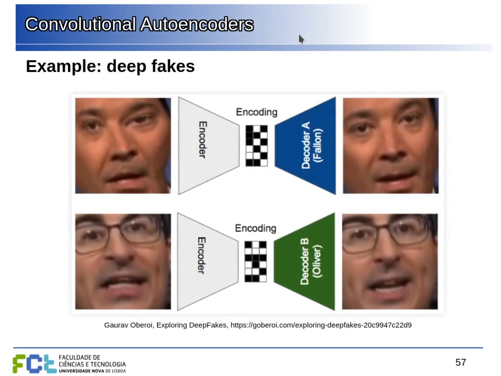And one interesting example of what we can do with autoencoders is the deepfakes. You probably heard about this. And this is one example of how we can do that. So we have here Jimmy Fallon and John Oliver. We take a large number of images of their faces from videos, for example, and we train autoencoders by feeding in the face with some distortions.